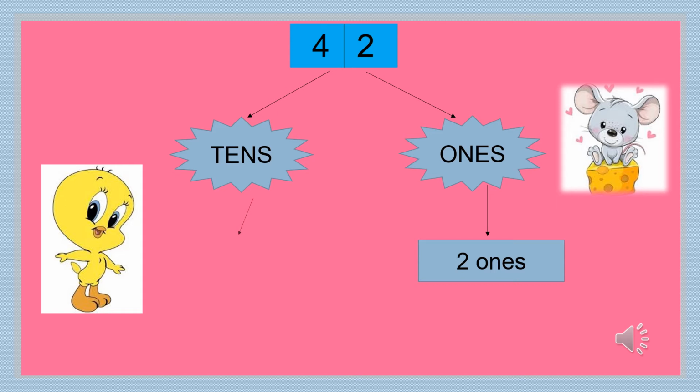That means it has 4 tens. And 2 ones means 2. And 4 tens means 40, because each ten consists of 10 ones. So the value will become 40 over here.